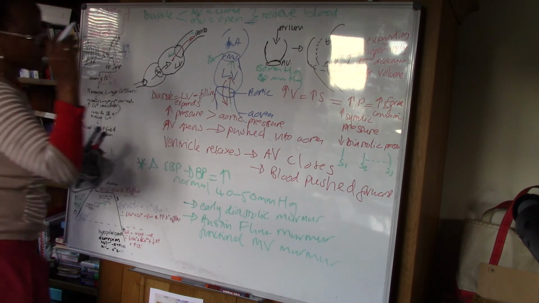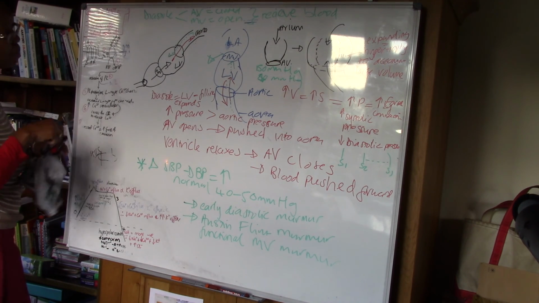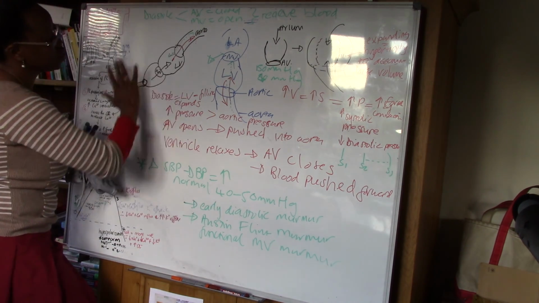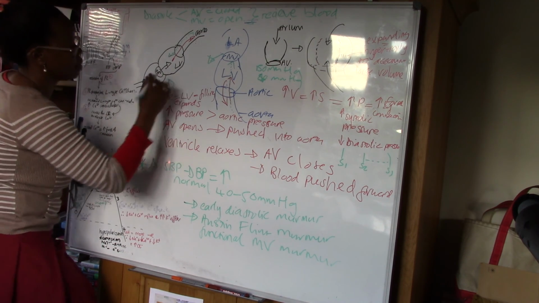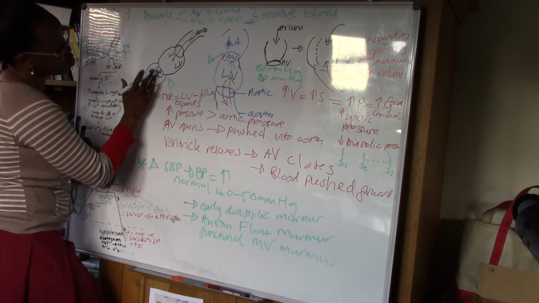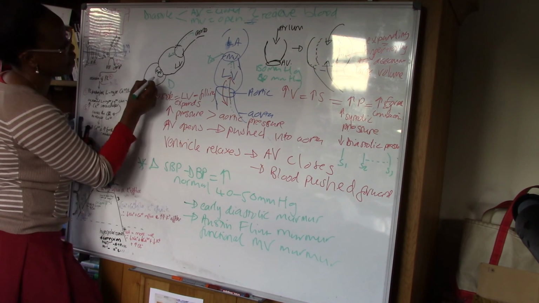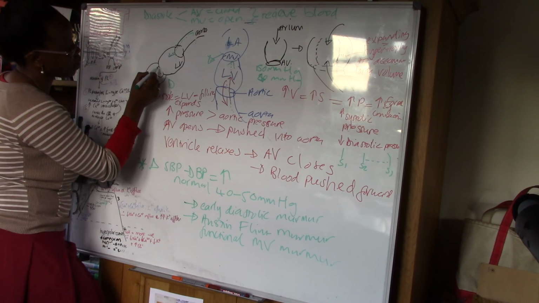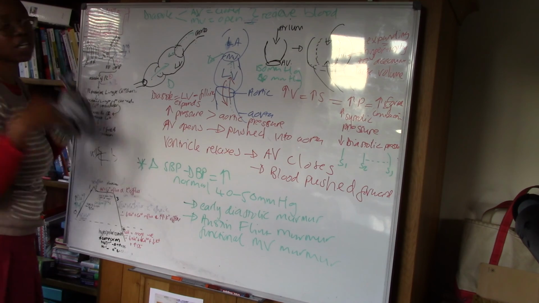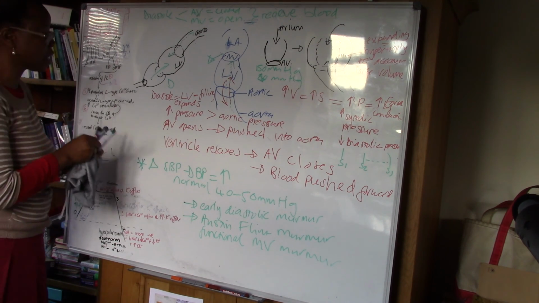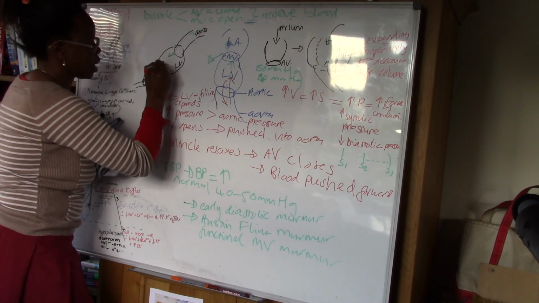So really, the Austin Flint murmur is caused by that blood which is arriving during diastole. If this was diastole, that mitral valve is supposed to be open, so that blood can flow from the atrium into the ventricle. That is the normal order of things.